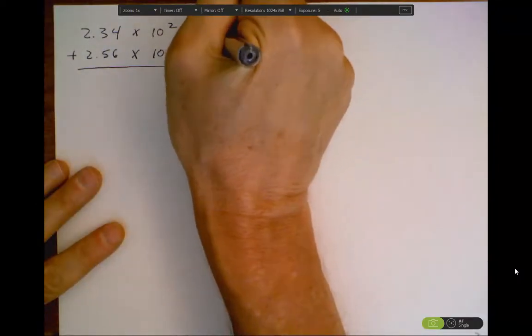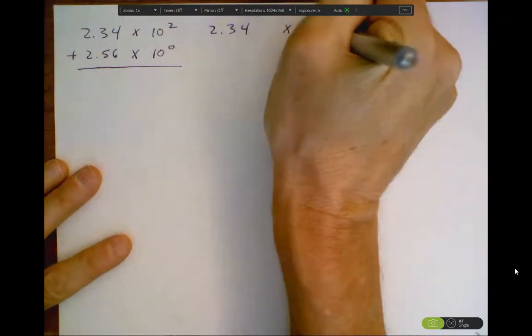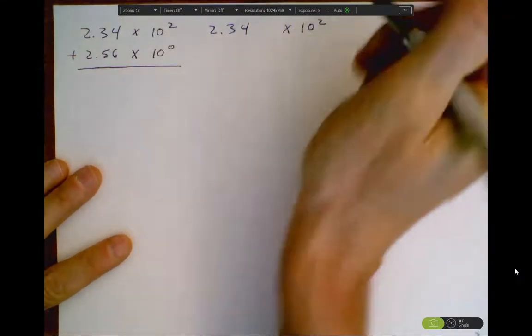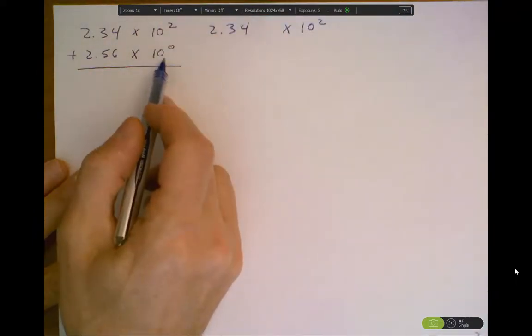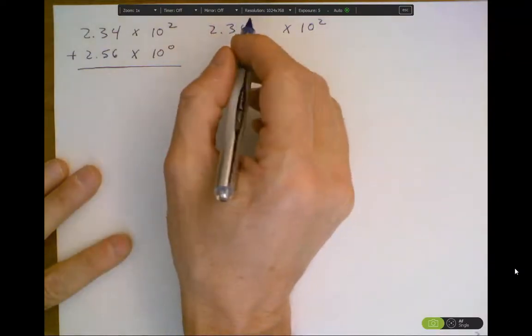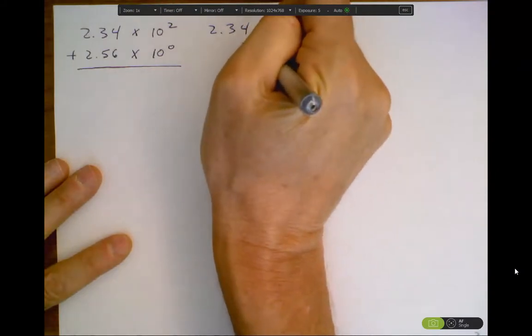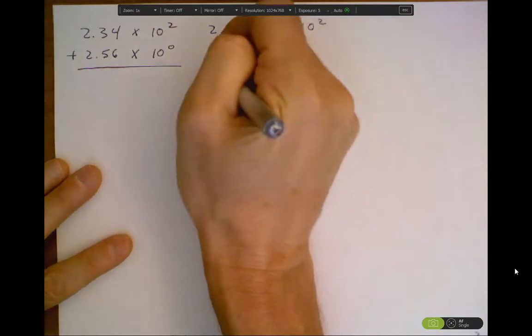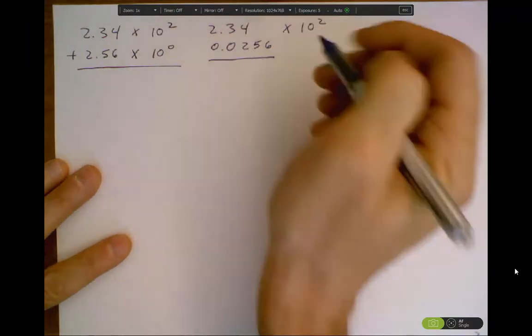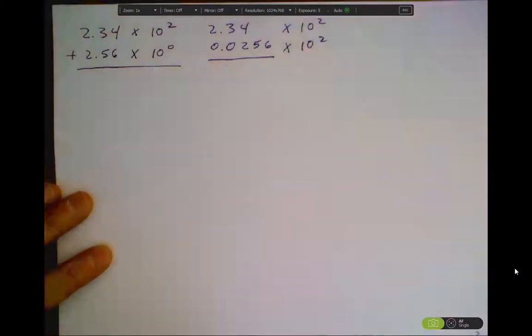So I'm going to shift the smaller number over to the right. In this case, the exponents have a difference of 2, so I'm going to shift over 2 digits. And now my exponents are the same.